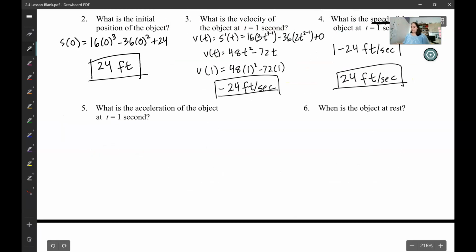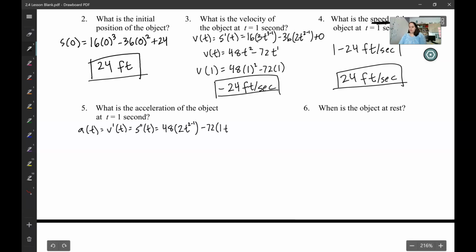Okay, next, what is the acceleration at t equals 1? So now I need to find my acceleration equation. So I'm going to take the derivative of velocity. So 48 stays in front, and then I have to do my rule on t squared. So the 2 goes in front, and then I minus 1. And then 72 goes in front. I have a secret 1 on that t.